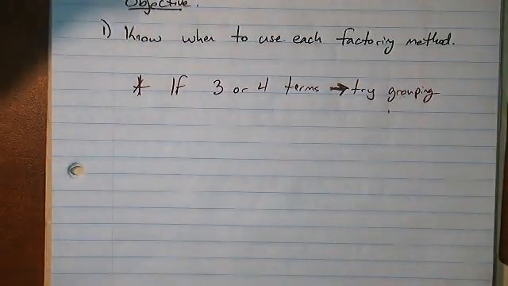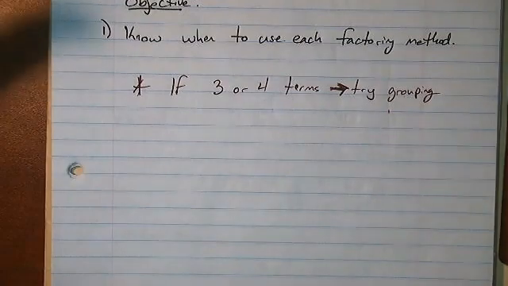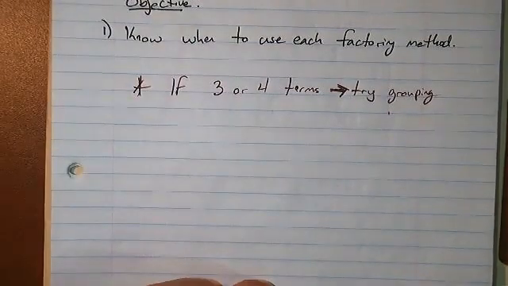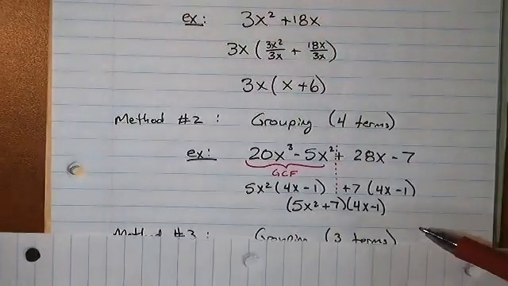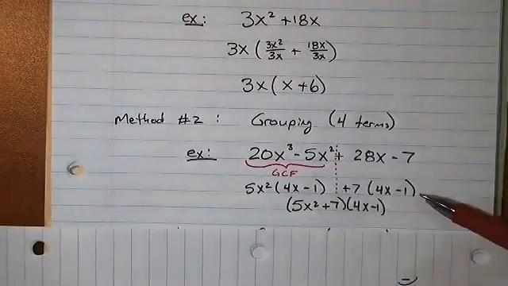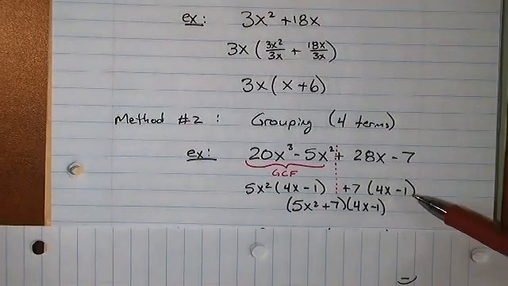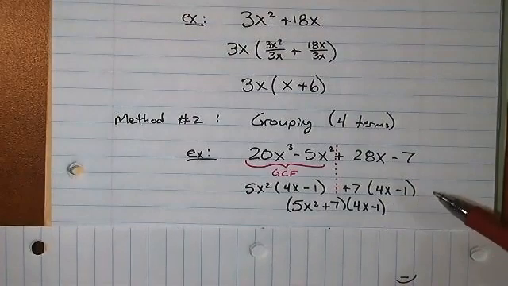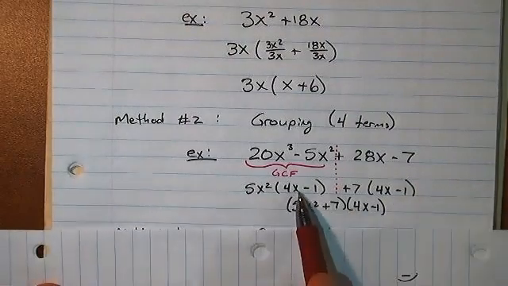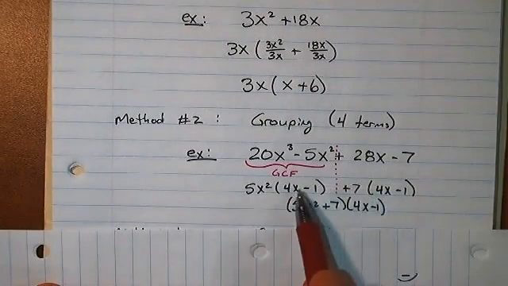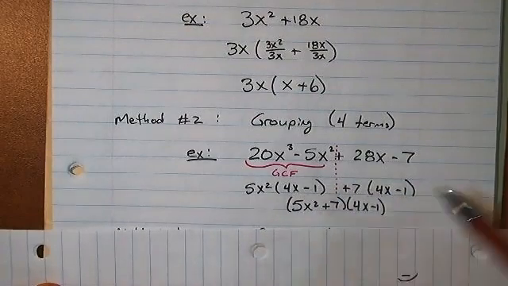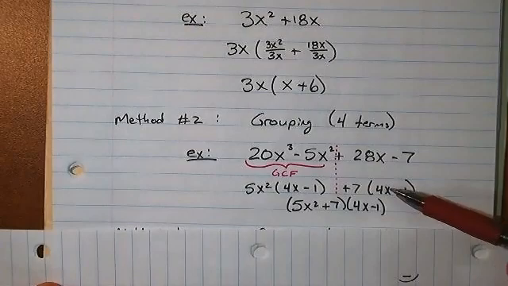Okay. Now, I will warn you, it is possible for me to give you a polynomial that has either 3 or 4 terms, either one, and you try grouping and you get to this step right here and you discover it doesn't work, right? Because remember, grouping only works if I can make these two parentheses identical, and it's possible that I could give you a problem where that's not possible, okay?